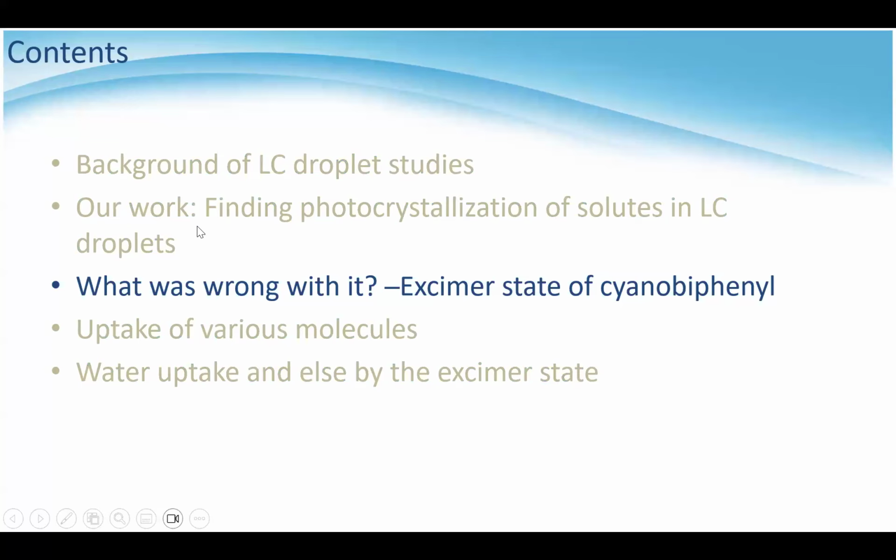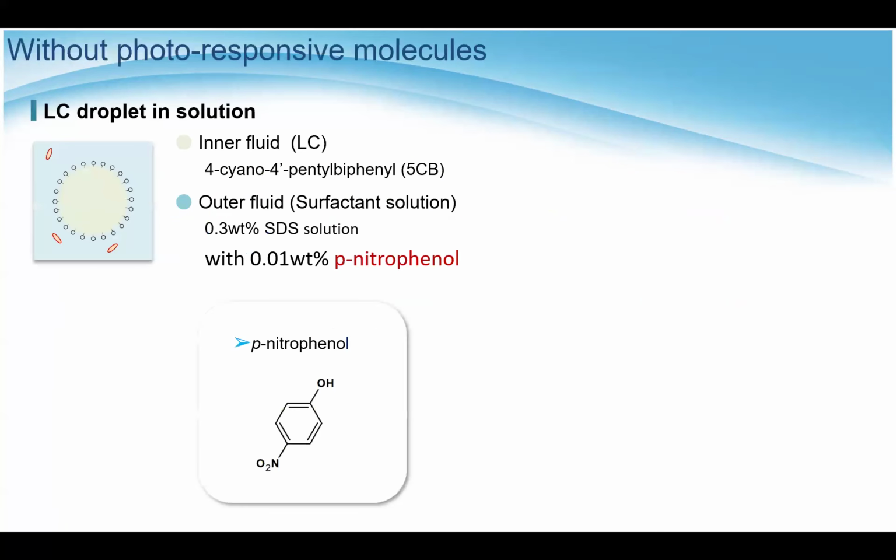So what was wrong with it? This is quite deeply related to the excimer state of cyanobiphenyl molecules. Here's the experiment we did. We prepared an LC droplet inside the surfactant solution, including the solute molecules.